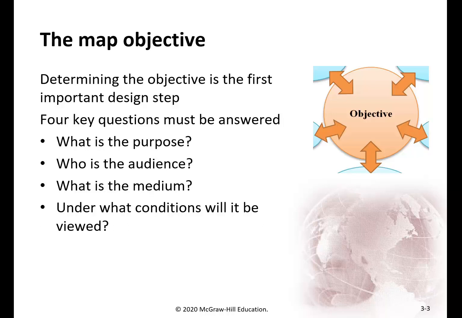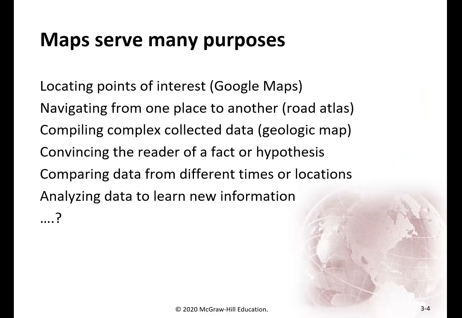Let's start with the map purpose. Maps serve different functions, and the function strongly influences all steps of the design. So the first question is, what is the purpose? And while a complete list of every map purpose is basically impossible to list, there are a few common ones that should be included. Locating points of interest, aka location.